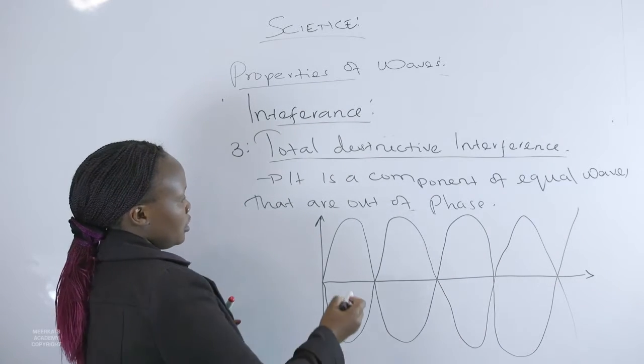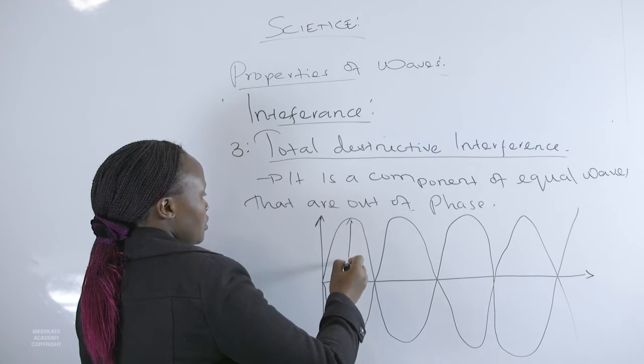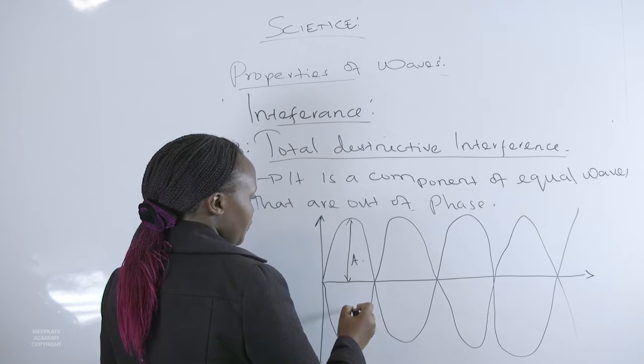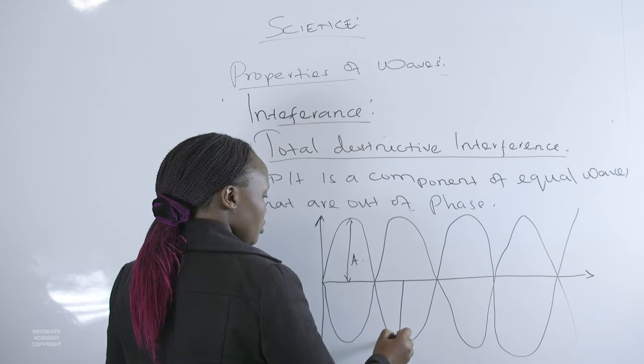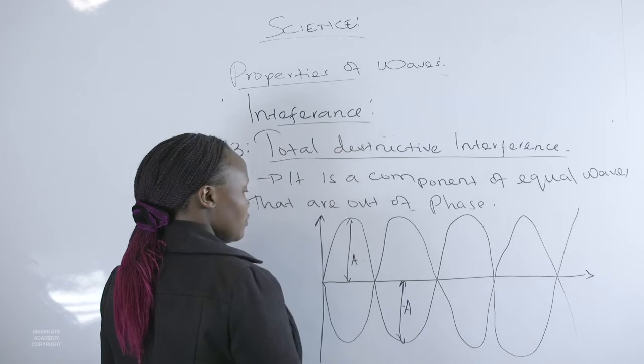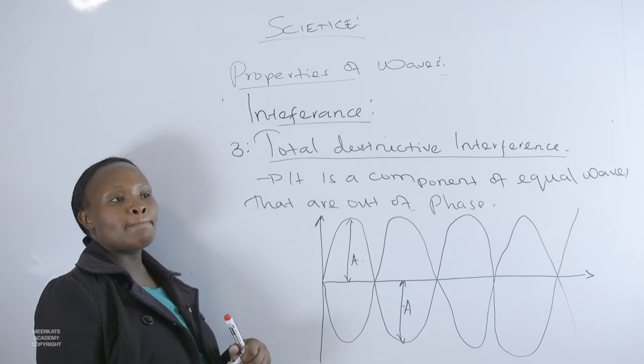They are actually out of phase. We call this one amplitude A. The amplitude of our second wave should be negative A.